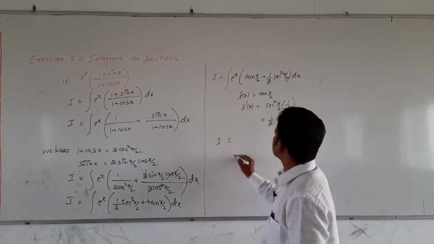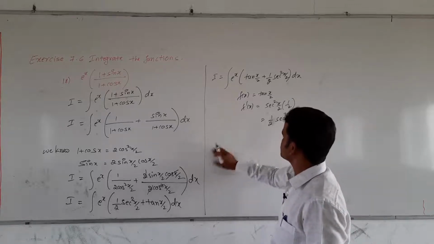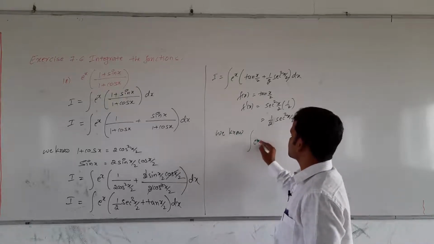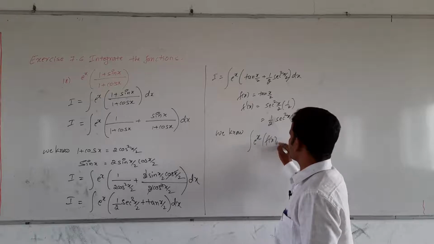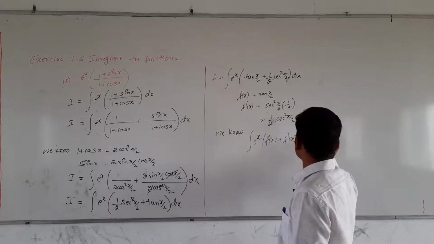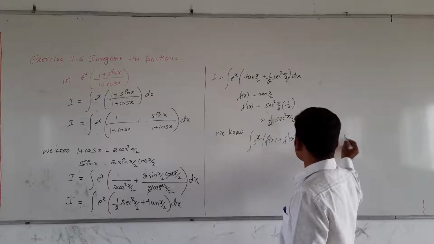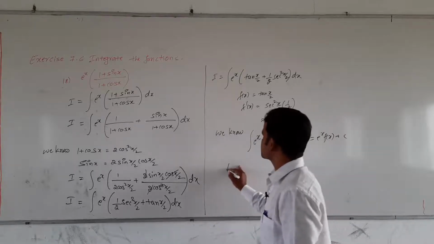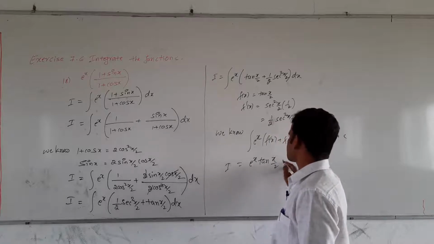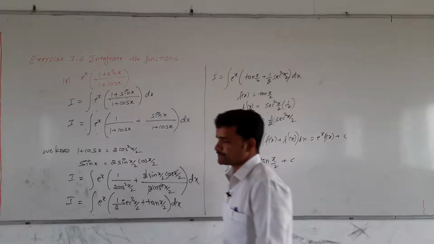Okay, otherwise we know the integration of e raised to x into f of x plus f dash of x into dx is equal to e raised to x into f of x plus c. Then this is I is equal to e raised to x into tan x by 2 plus c.